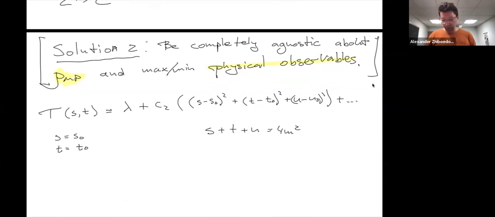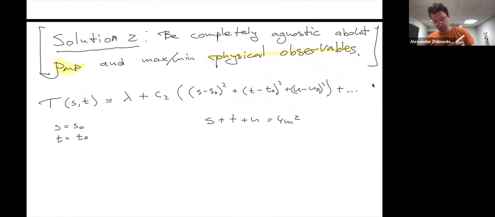For any amplitude that you compute, you expand it at low energies, and it will have some numbers here. So there are two numbers, this and this, and we can choose them as our physical observables. So let's try to maximize and minimize lambda and C2. This is the target.